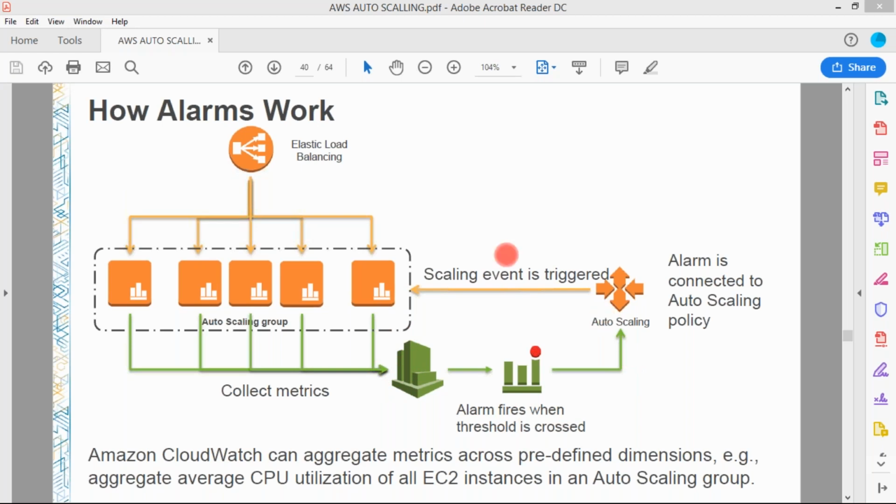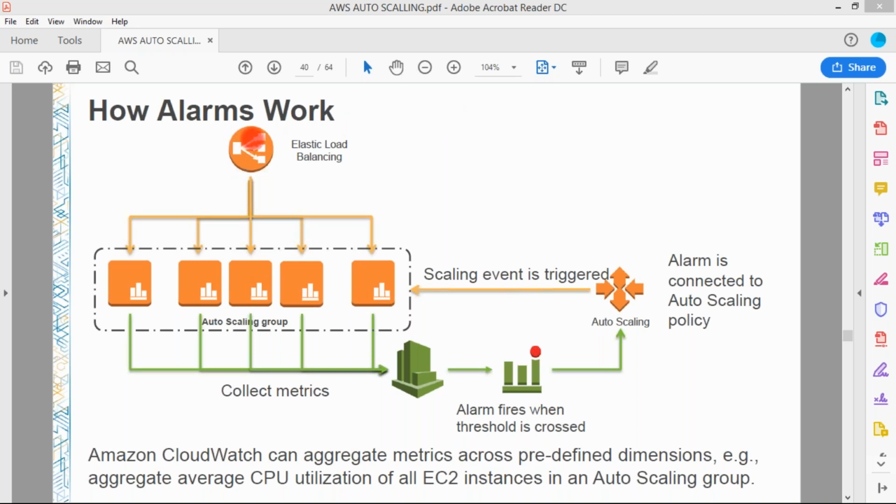But before, when we were using a physical environment, we had to buy a monitoring tool, we had to configure high availability, and we had to separately purchase an elastic load balancer. So those are very costly things. But in the AWS environment, everything is available.